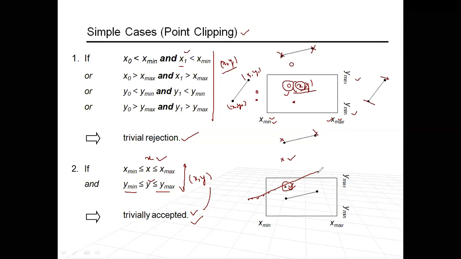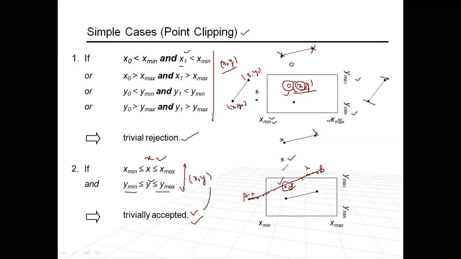So if a line AB is given, each point of the line can be checked with these inequalities to find out which point on the line is within the visible region and which is outside. Whatever points are lying outside the visible region should be discarded, and whatever points are lying within the visible region should be accepted.